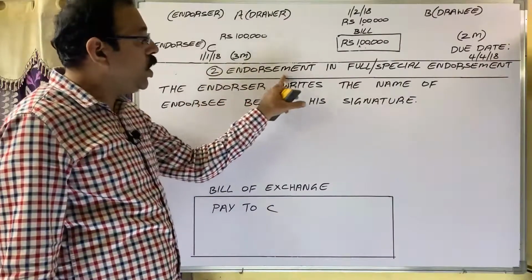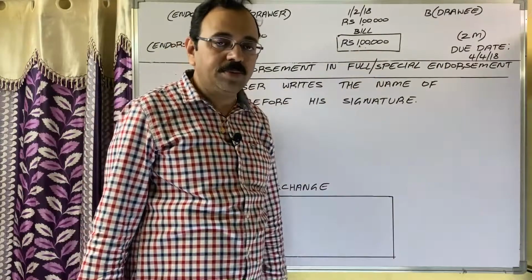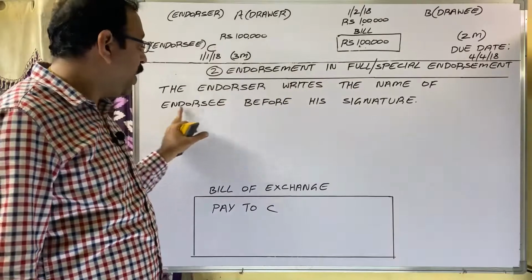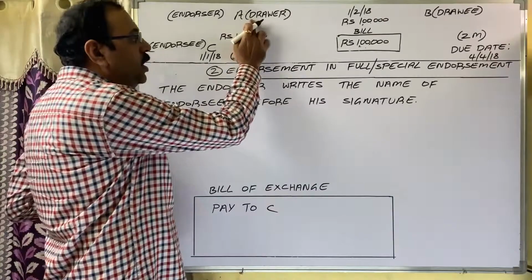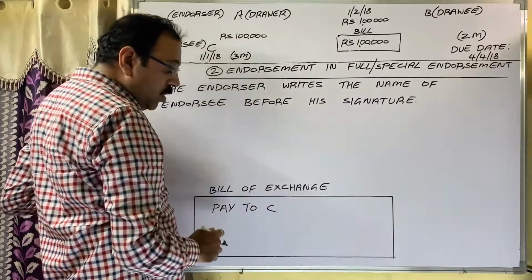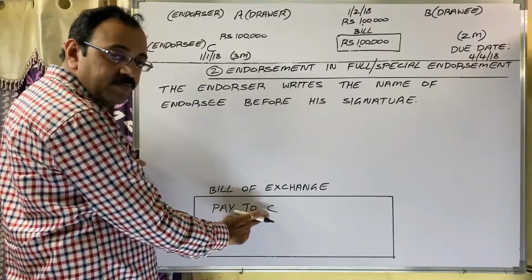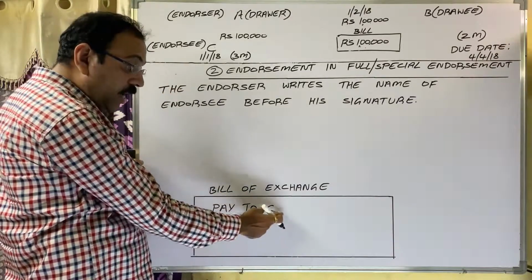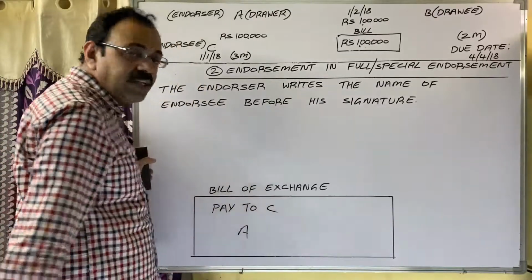Second one is endorsement in full, also known as special endorsement. Means what? The endorser writes the name of the endorsee before his signature. A is endorsing this bill to C, no? So while endorsing, on the back side of the bill, A wrote like this, pay to C. Who is C here? Endorsee. So the bill contains the endorsee's name. Below that, A puts his signature.